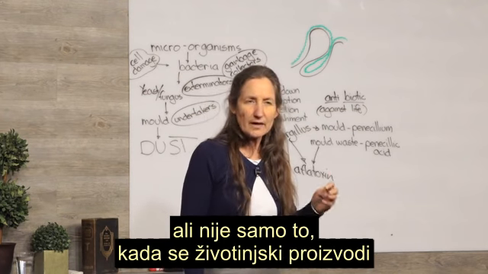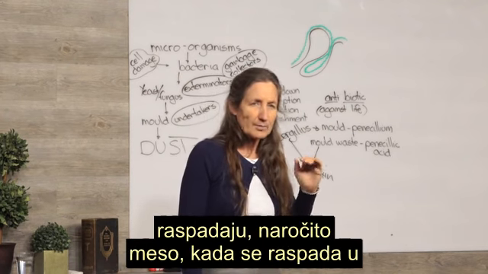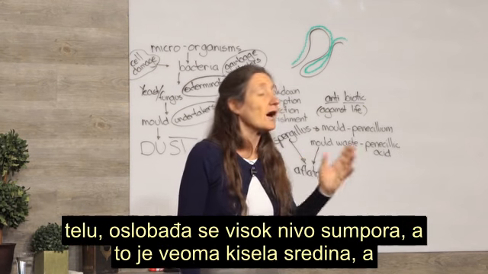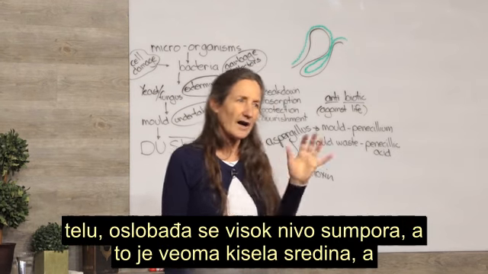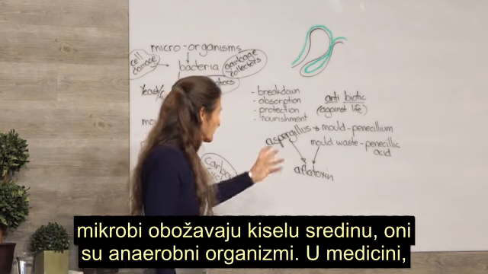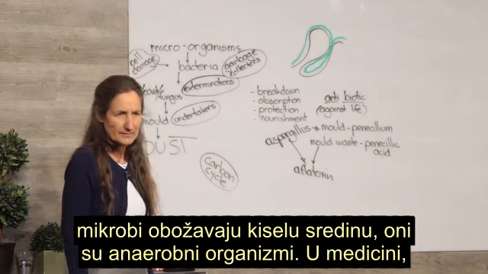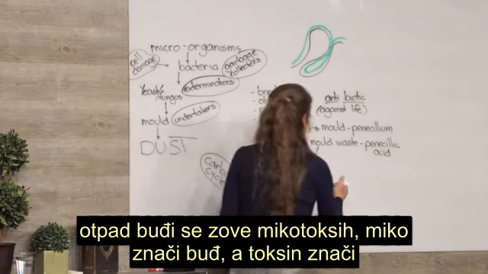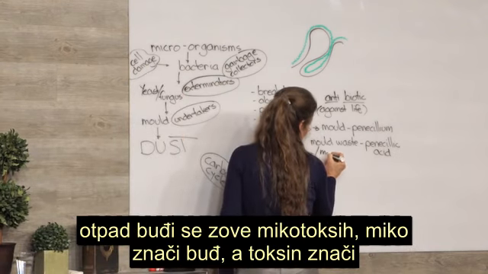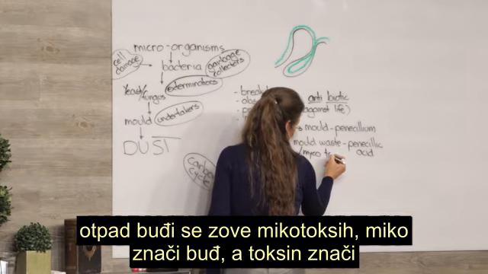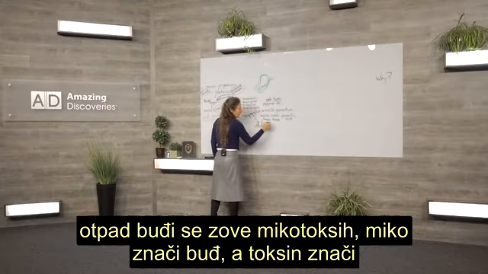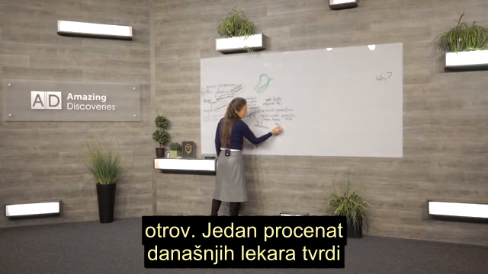But also when animal products break down, particularly meat, in the body they give off a high sulfur residue, and that's a high acid residue. And these microbes love an acid environment. They're anaerobic organisms. In medicine, mold waste is called a mycotoxin. Myco meaning mold, toxin basically meaning a poison.